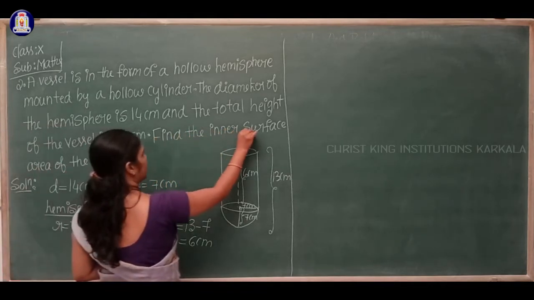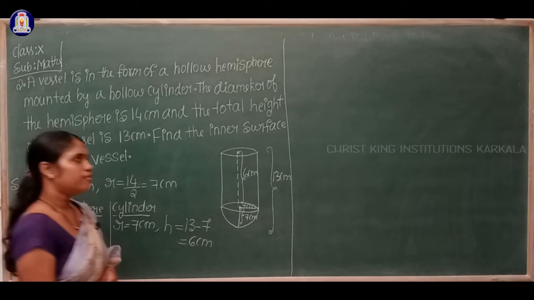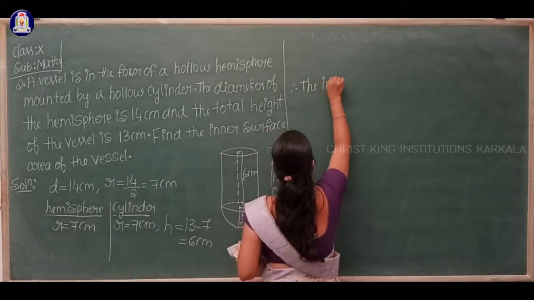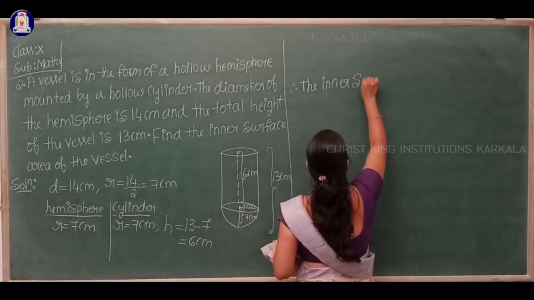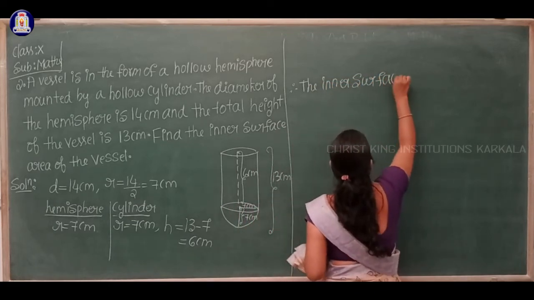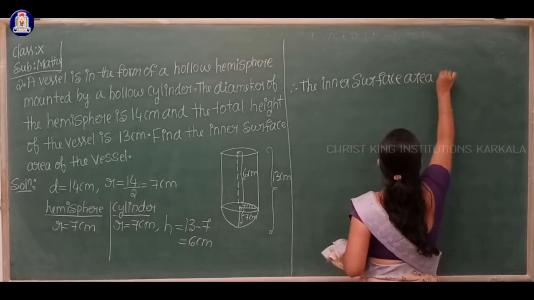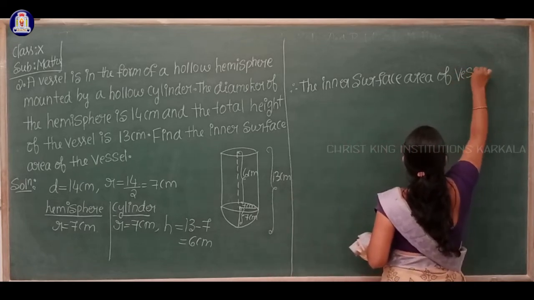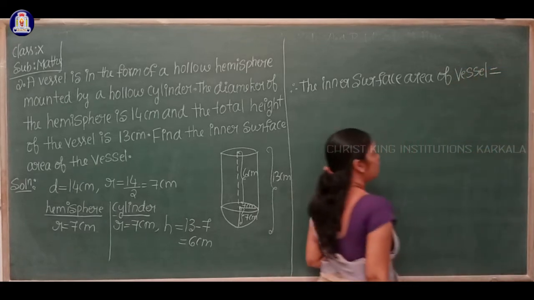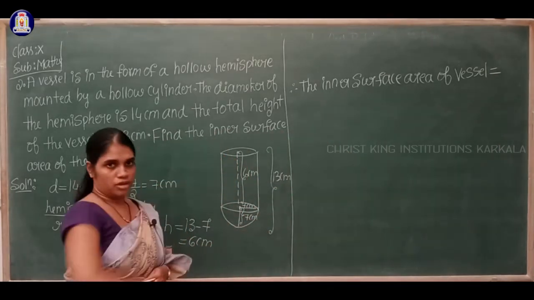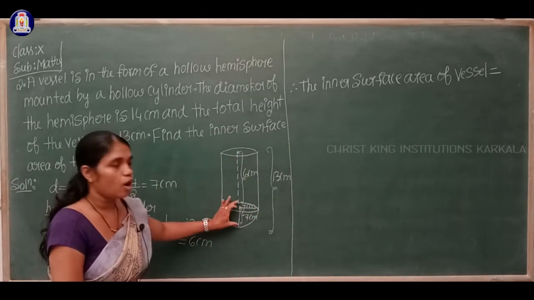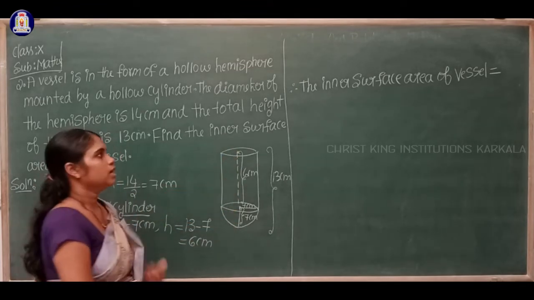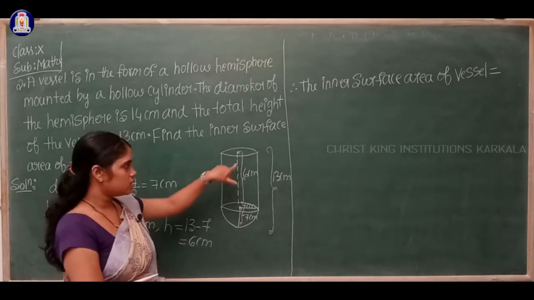I am going to find the inner surface area of the vessel. The inner surface area of the full vessel is given by the CSA of the hemisphere plus the CSA of the cylinder. Yes, there are two solids, hemisphere as well as cylinder.